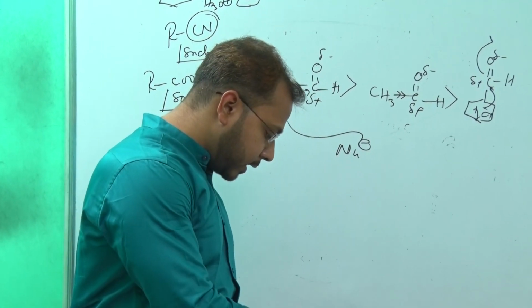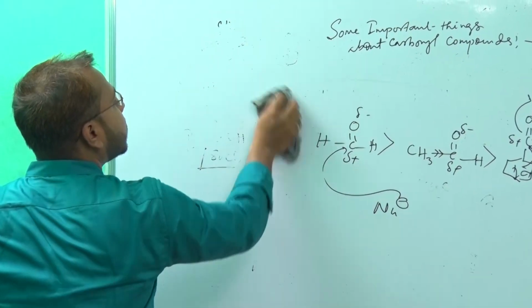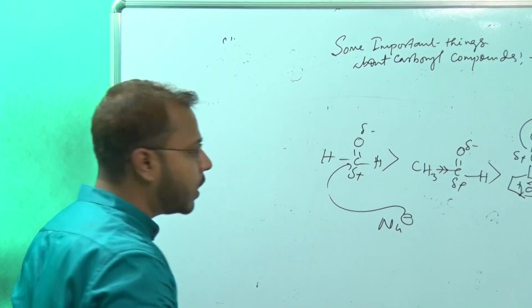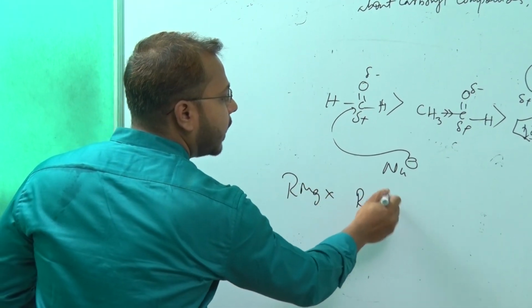Now the main thing I would like to discuss is the reaction of RMgX, the Grignard reagent, with any aldehyde and ketone.